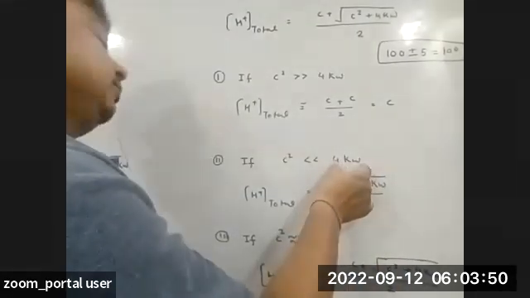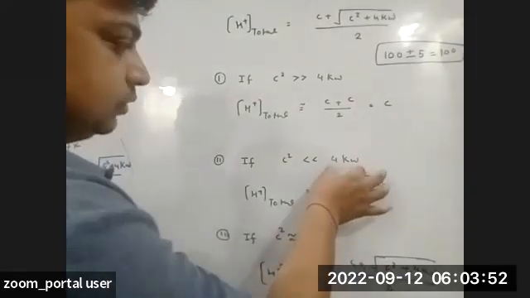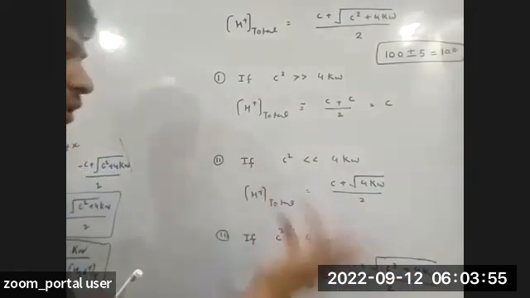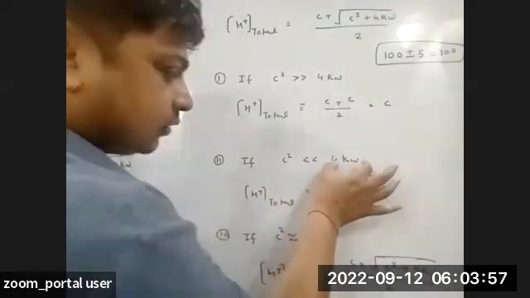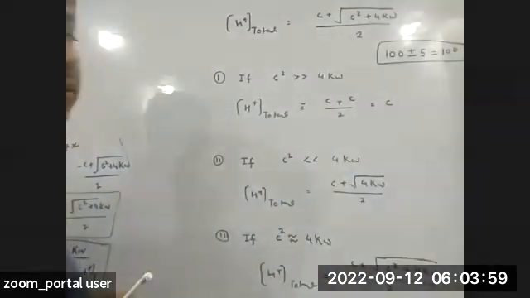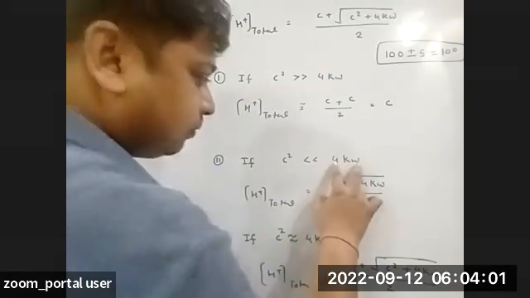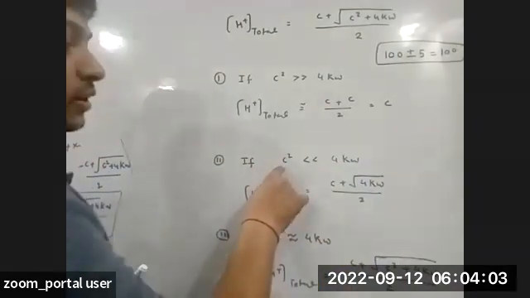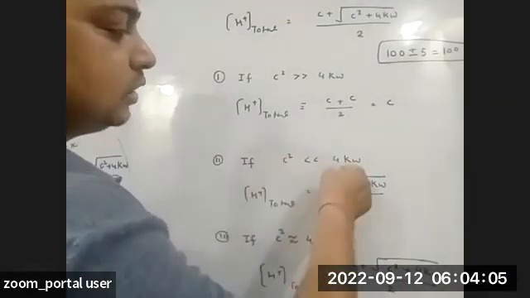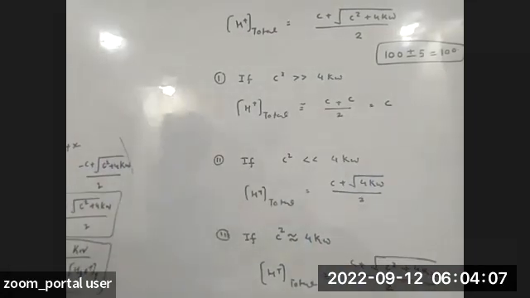Here we must be knowing Kw, so we will have 4 Kw and we will have C square. Now we will calculate 5% of this number. If 5% of C square is greater than 4 Kw, then we can neglect 4 Kw in front of C square.